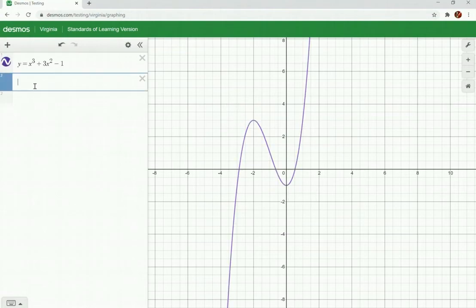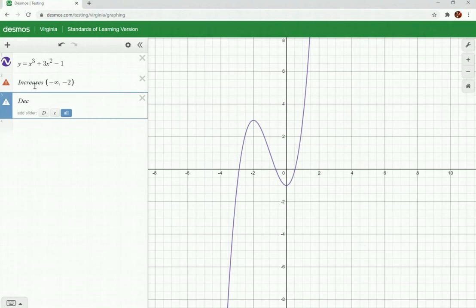So as we mentioned a second ago, this thing is increasing from, and again, it's off the chart. So as far as the x values go, it started off at -infinity, and it stopped increasing when it got to -2. Then it starts to decrease. So it decreases between -2, and it stopped decreasing when it got to 0.